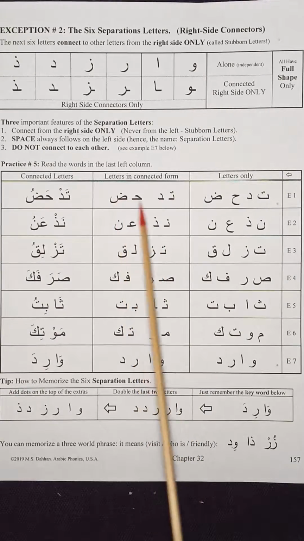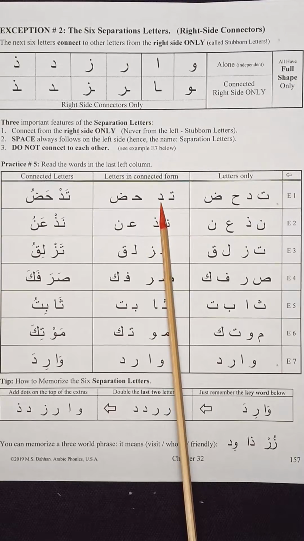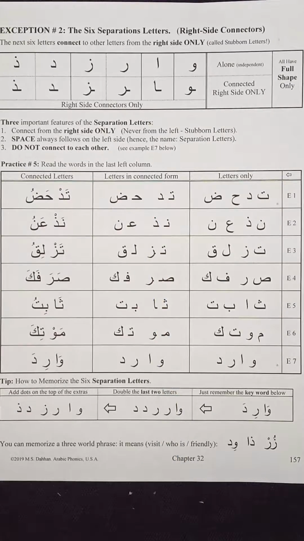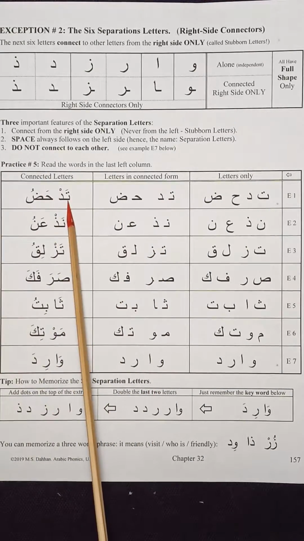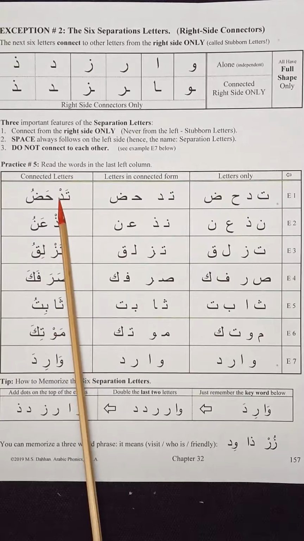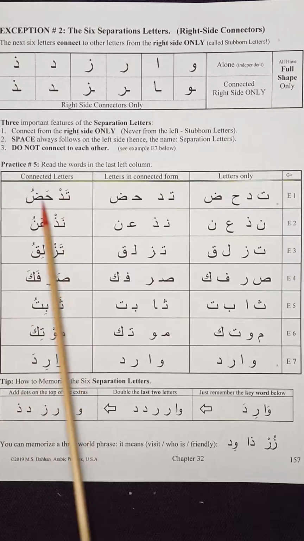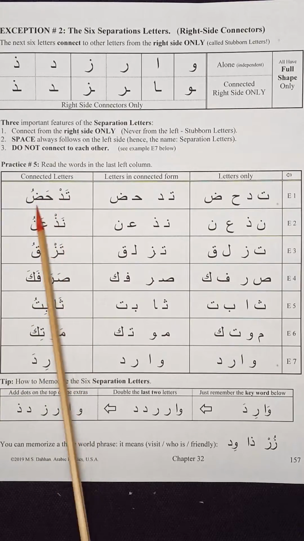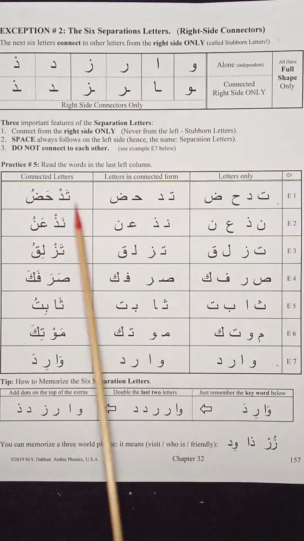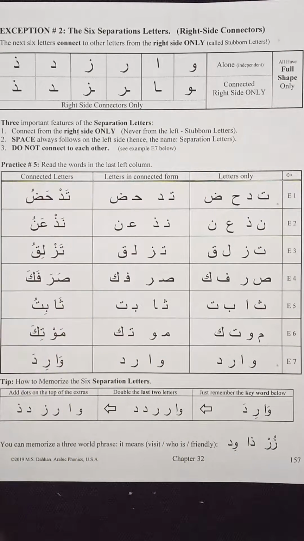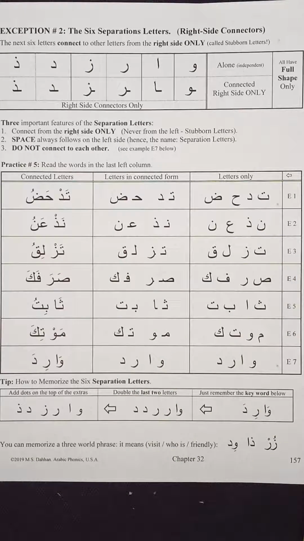This one and this one connect, but because this is a separation letter, there will be a space in here. I really spaced it out for you. I put in some vowels, so let's try to read it. This will be ta, tad, because this has sukoon. Tad, hadu. And see the space in the middle. I even enlarged it. That would usually be a little bit closer. This is for you only.